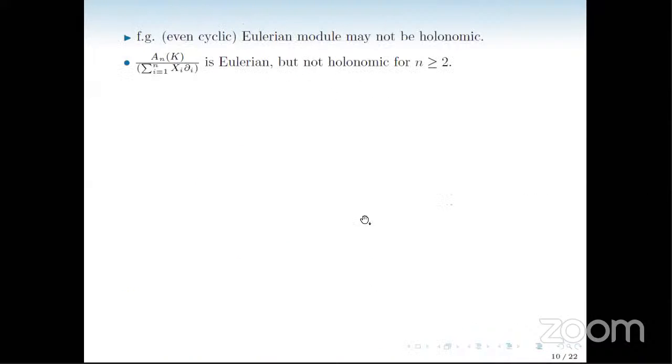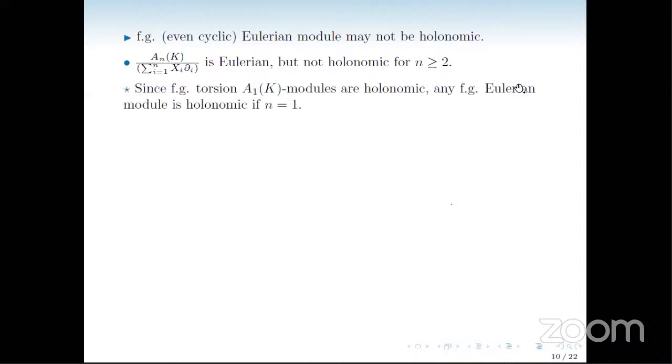Eulerian modules need not be holonomic even if we consider some cyclic modules. So for example, if we take this module, clearly this is Eulerian, but this is not holonomic for n greater than or equal to 2, because in that case its dimension is 2n minus 1. And also we can see that if n is 1, then clearly this module is holonomic. In fact, we know much more.